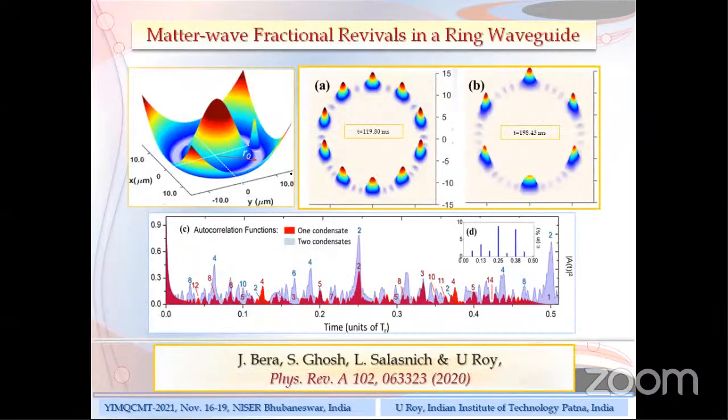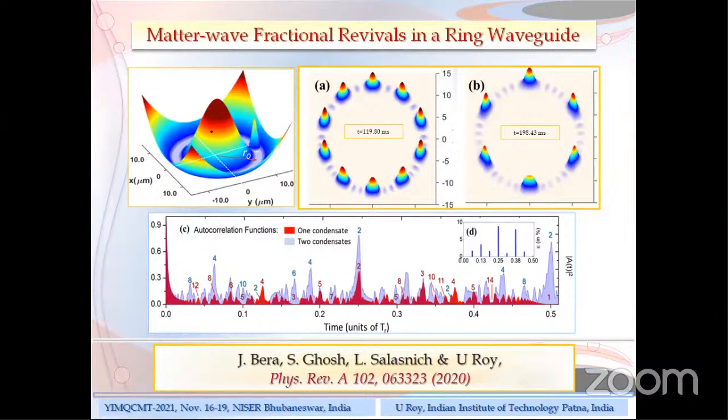Now this is to show you the robustness of external confinement. So here, if you look at the first plot, there is a gray circle, an annular path, and this is the trap.